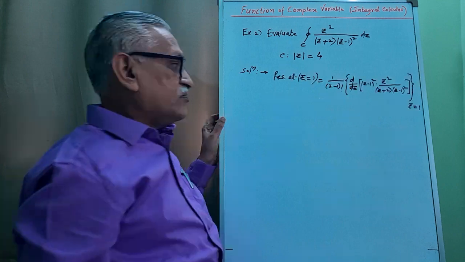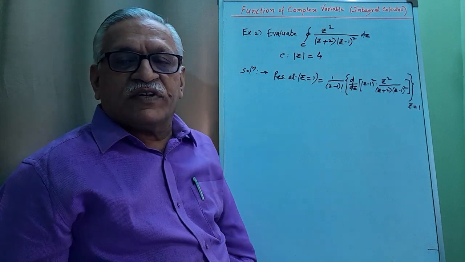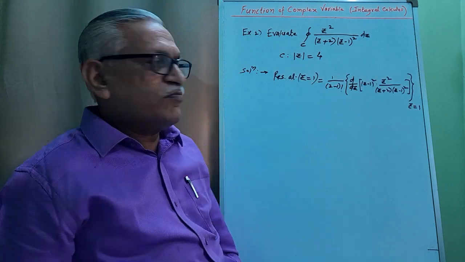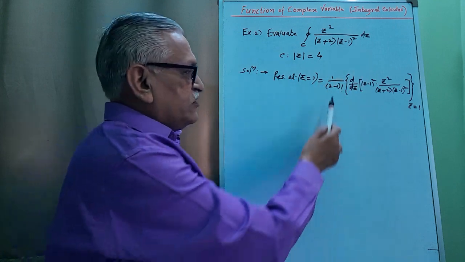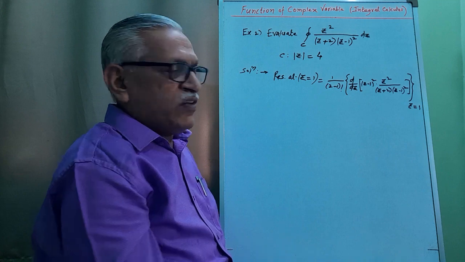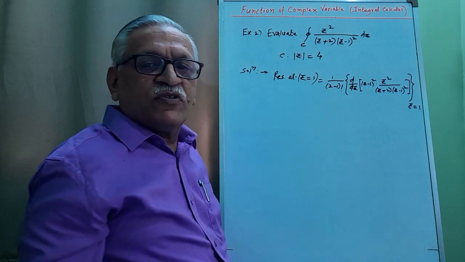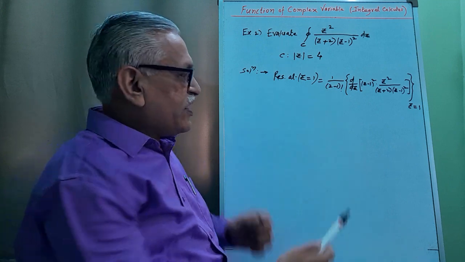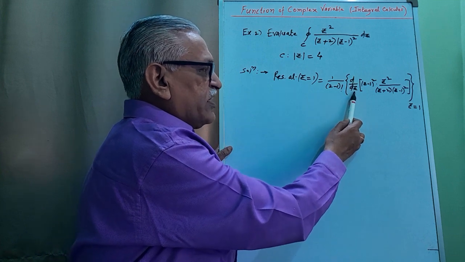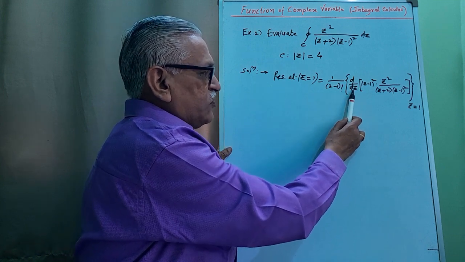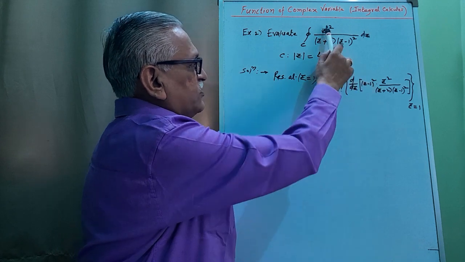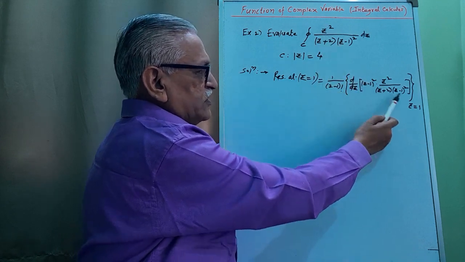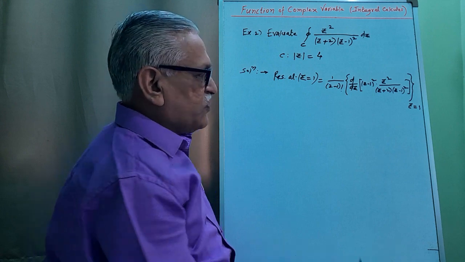Then we determine the second. Then we try to determine the residue at the pole of order 2. As per the formula, it is 1 upon (m minus 1) factorial. m is here 2. Therefore, 2 minus 1, that is 1 factorial, and the same order derivative, that is the first order derivative, of (z minus 1) whole square into this function z square upon (z plus 2) into (z minus 1) whole square.